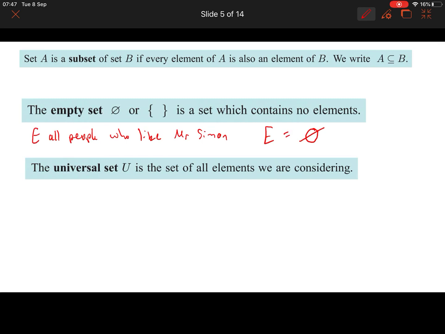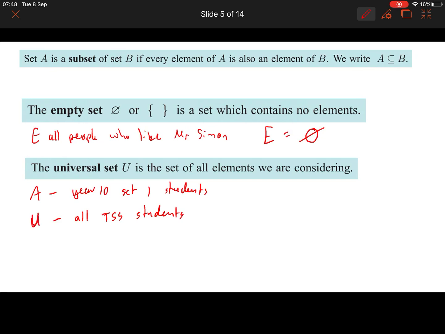The universal set is all the elements that we are considering. That doesn't mean we can throw everything and anything into that set. We can tailor what the universal set is depending on the problem. So remember, set A was Year 10 set 1 students.